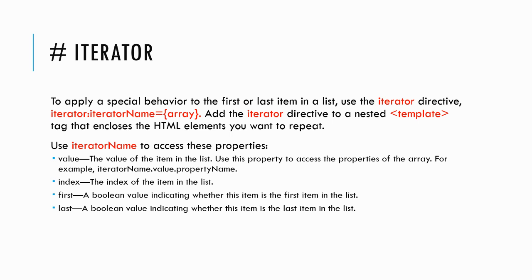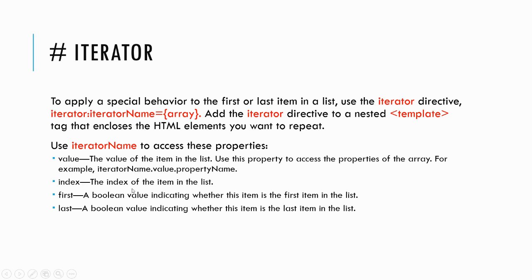Here are some important points about the iterator. With the help of the iterator name we can access four properties. The first one is value. As we have index and item in our for loop, here we have value. With the help of value we can target any item of the array list with the syntax iteratorName.value.propertyName, where property name is the name of the property of that list.